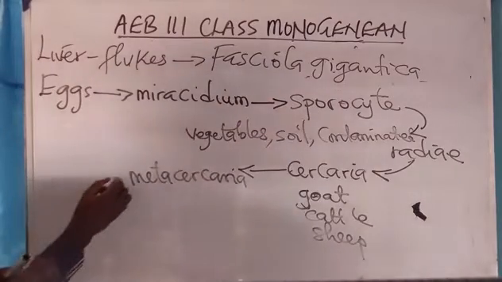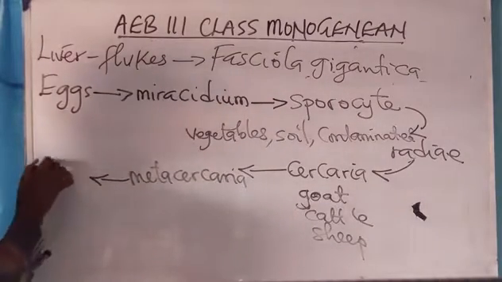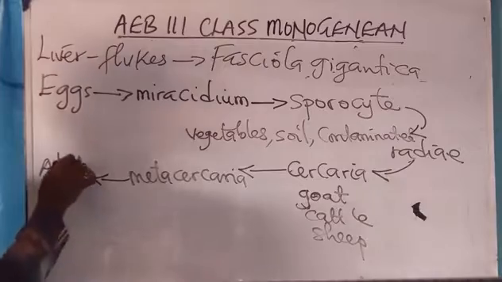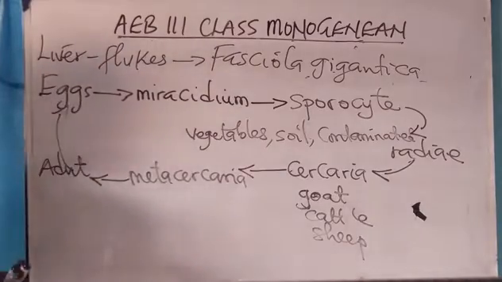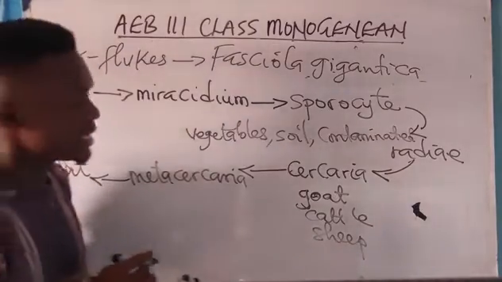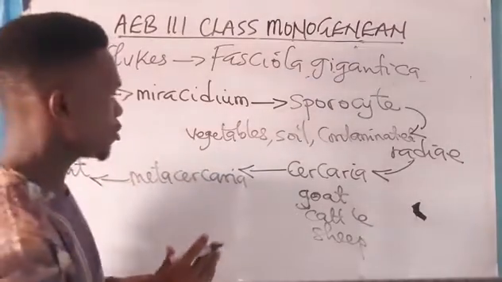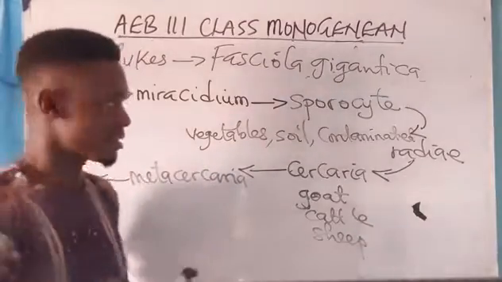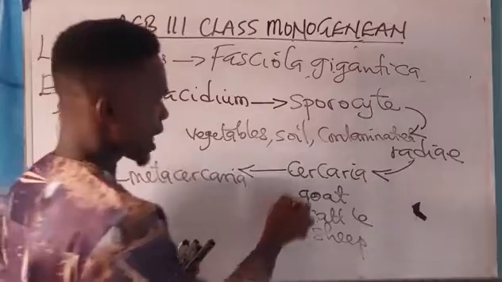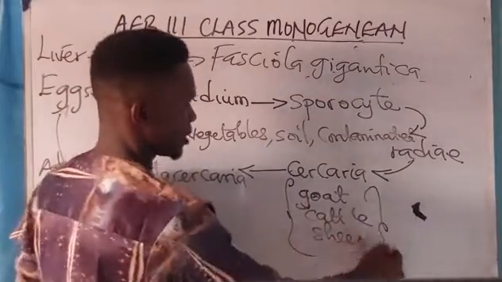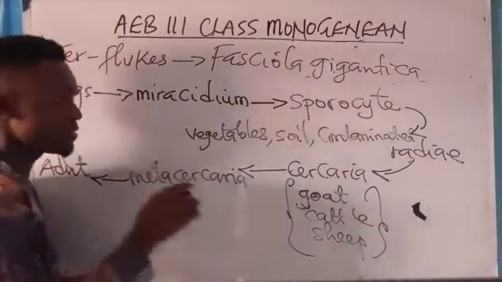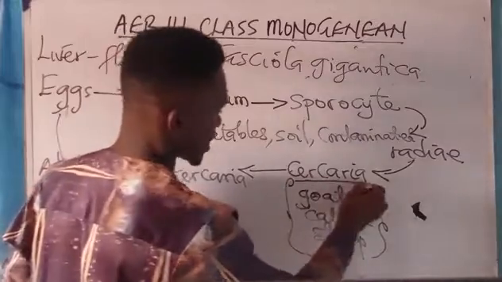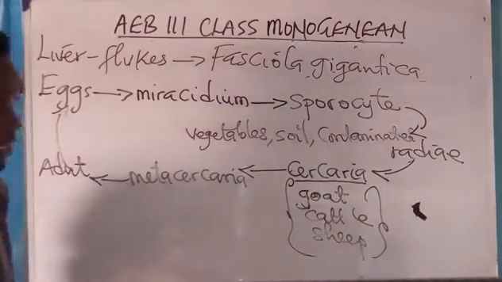Now, the Metacercaria definitely grows into what? Adults. Now the life cycle continues. So the primary host is the snail called Limnaea natalensis. The secondary hosts are vertebrates, and the infective stage is what? Cercaria.